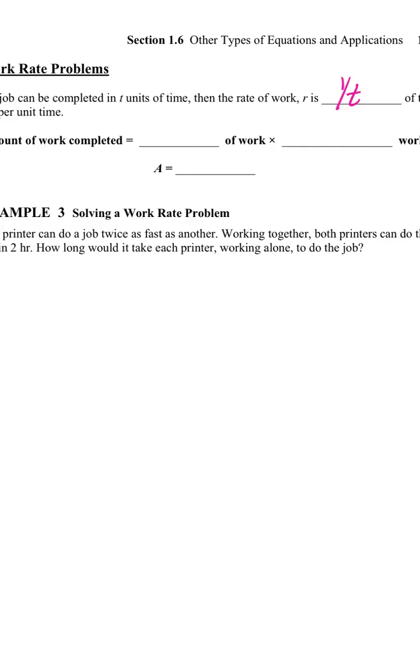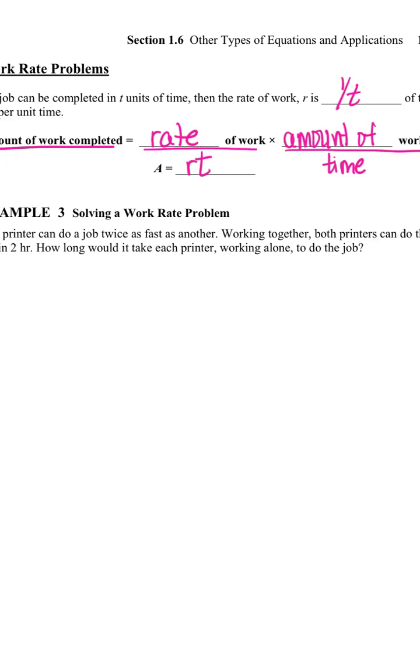So the amount of work completed is the rate of work times the amount of time that you worked. So A equals rate times time. The amount of work completed is how fast you worked times the amount of time you worked. So A equals RT.